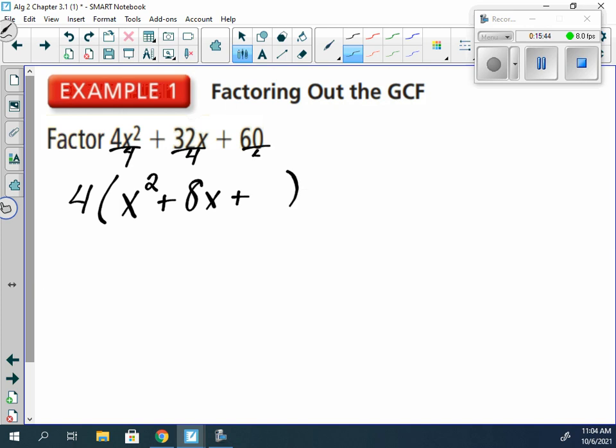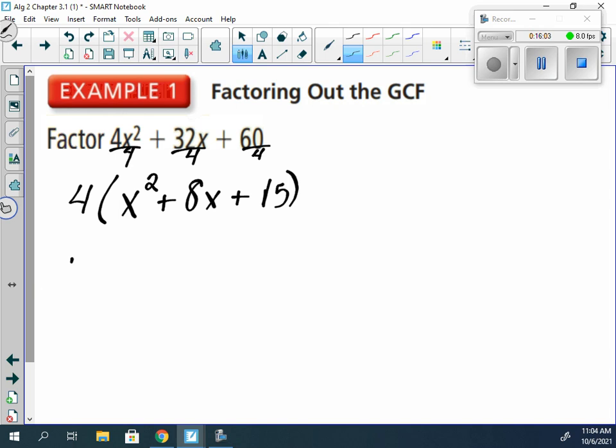And lastly, 60 divided by 4 is 15. So there was a greatest common factor of 4. If there's a greatest common factor, we need to factor it out. So that's step number 1 done.